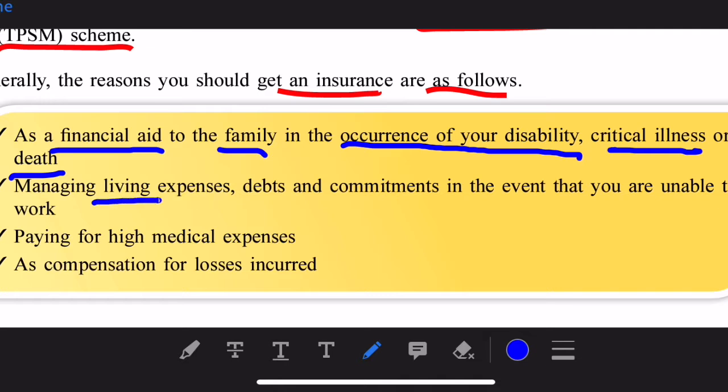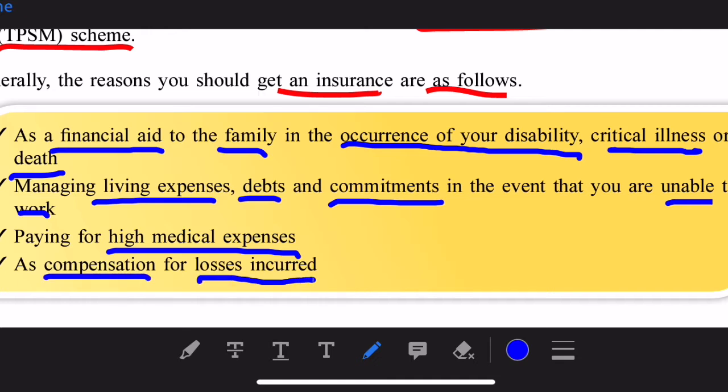Managing living expenses, debts, and commitments in the event that you are unable to work. Paying for high medical expenses. And finally, as compensation for losses incurred.